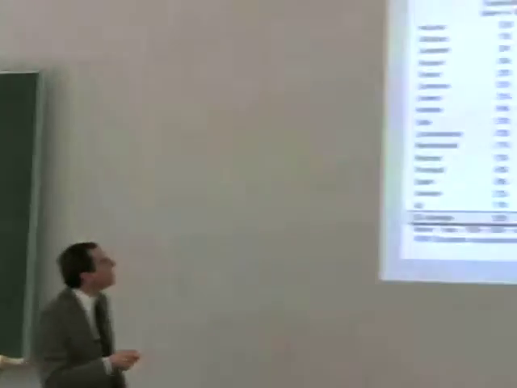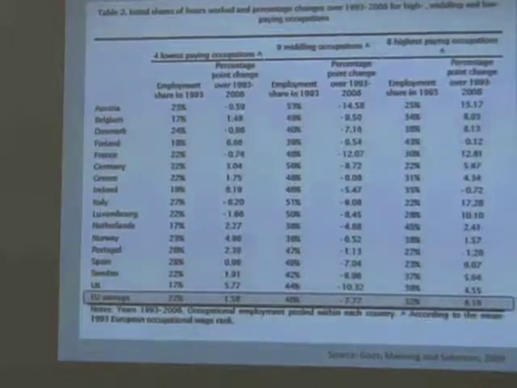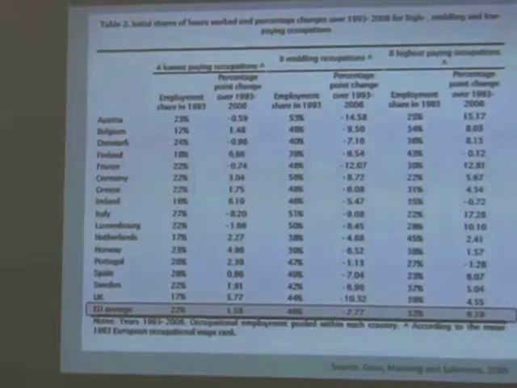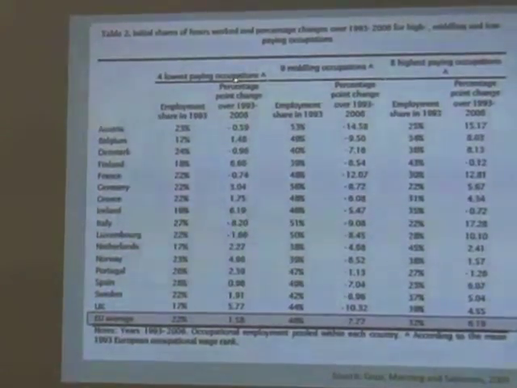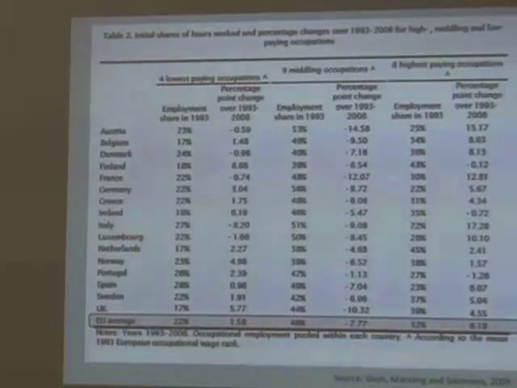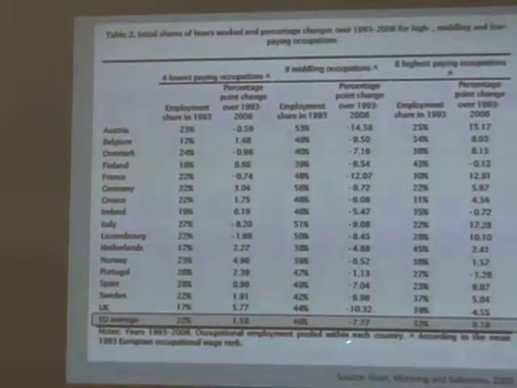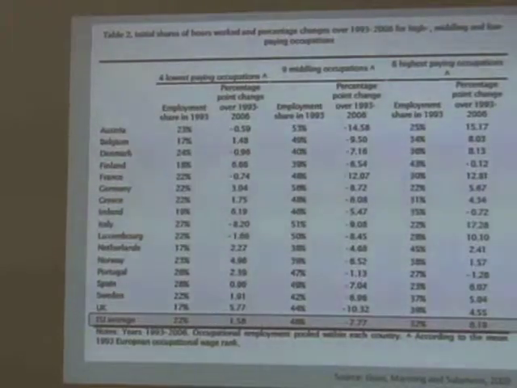Anyway, using this group of, I guess it's 21 occupations, they break them into the 4 lowest paying, the 9 middling, and the 8 highest paying. Why do they break them so unevenly? Well, basically they have in mind the bottom quarter, top quarter, and the middle 50 percentiles, right?